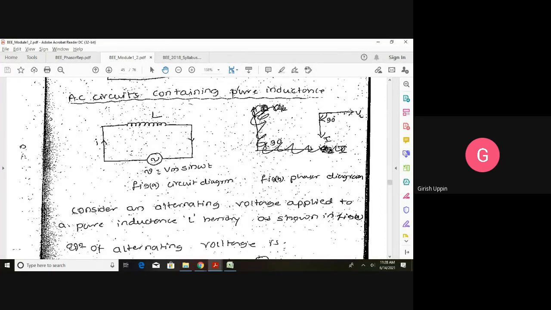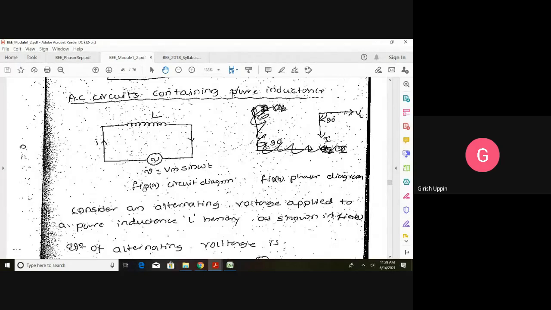In the phasor diagram, this VL is the voltage across the inductor, and the current is lagging by 90 degrees. So this current has to rotate by 90 degrees, then the current will start. This is VL, the voltage across the inductor, and this is the current through the inductor, which is lagging by 90 degrees. This is how we represent it.